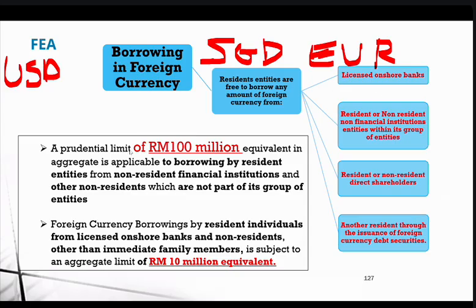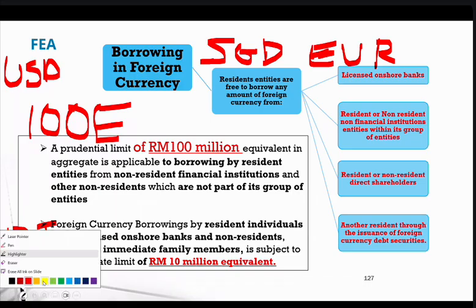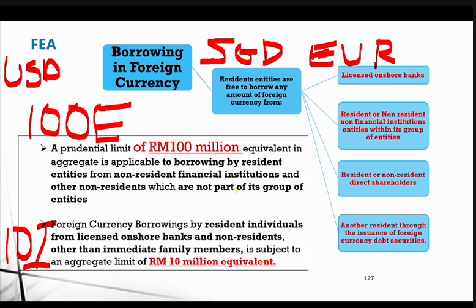The limits are 100E and 10I. But take note, there are exceptions to the rule. For entities, as long as it's part of the same group. For individuals, it's immediate family members.